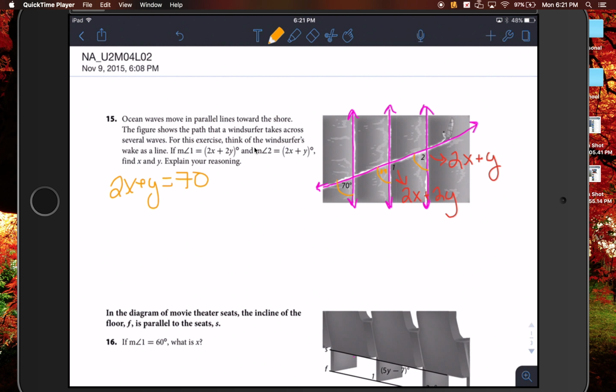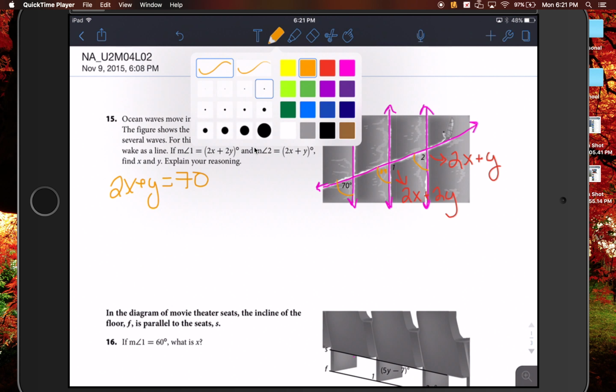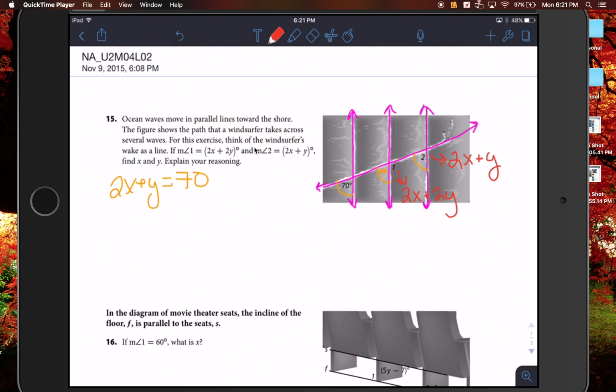And I can solve, I could just leave that on the side. I also know that angle 1 and angle 2, if I look at them, are same side interior angles, which means they are supplementary. So I can say, let me do this in red, that the measure of angle 1 plus the measure of angle 2 is 180 degrees.